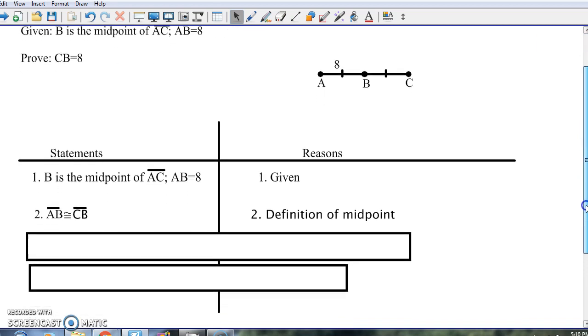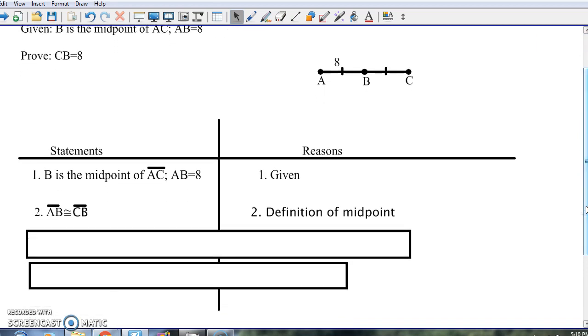So from there, what else do I know, if I have two congruent segments? That's the first thing I have to ask. The second thing I have to ask myself is, how am I going to get to equality so that I can show that CB is also 8? And what you should answer is, if your items are congruent, then you know that their measures are equal, because congruent items have the same measure.